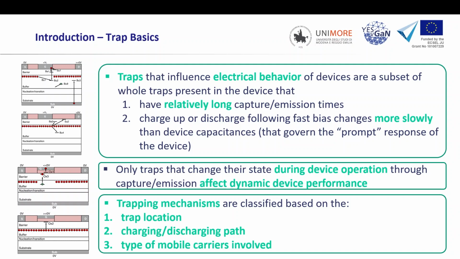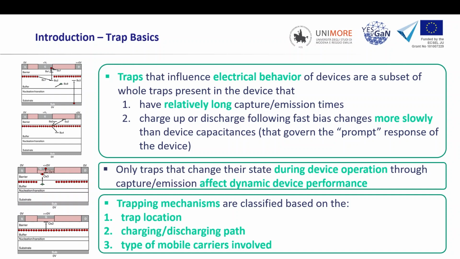While you're switching, you might be charging or discharging some other parasitic capacitance that will then affect the operation of the device. So they just affect the dynamic device performance.